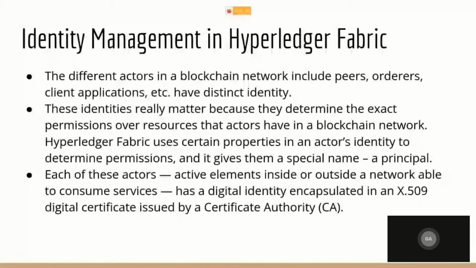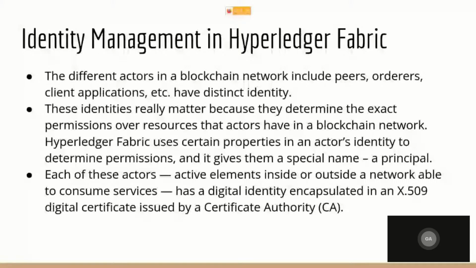So when you look at identity management, we have seen these details. There are two ways, like we mentioned. The earlier, the most important way is we generate a digital certificate, an X509 digital certificate issued by certificate authority.